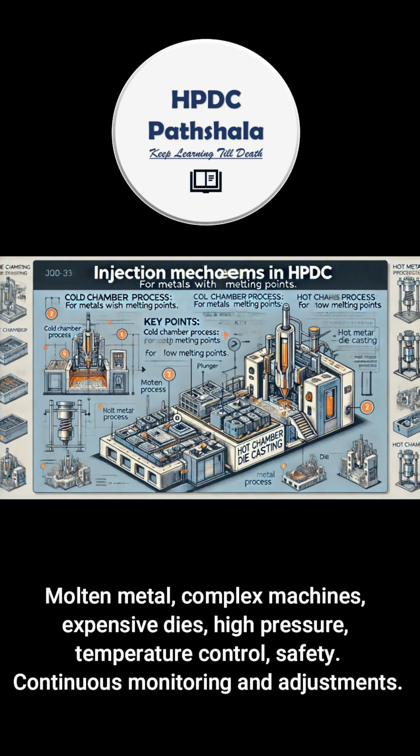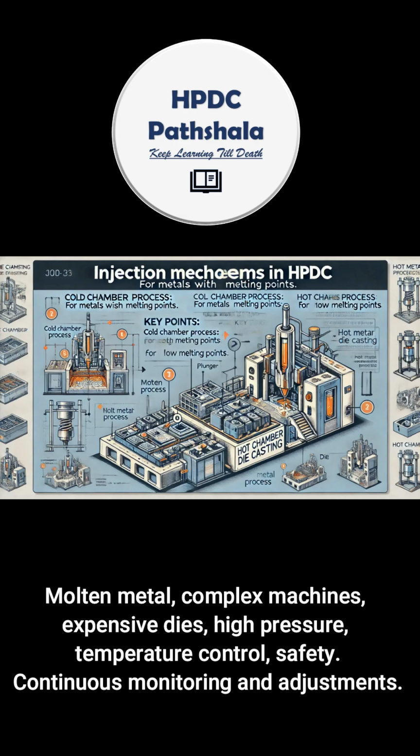The metal solidifies as it loses heat to the die, and once the solidification is complete, the die opens and the shot, or solid casting, is removed. The beauty of this process lies in its ability to produce a net shape or near net shape component in just one manufacturing step. However, internal porosity remains a significant challenge.